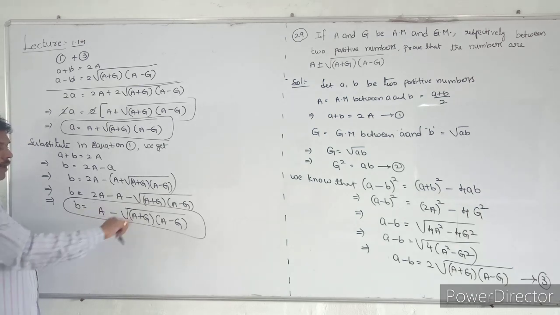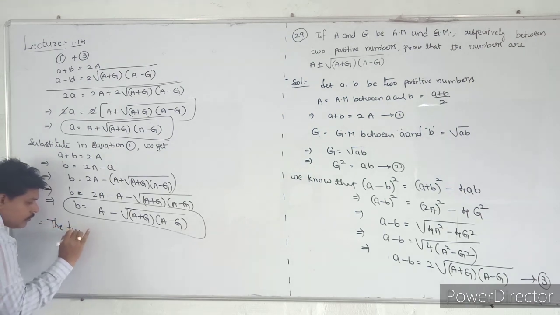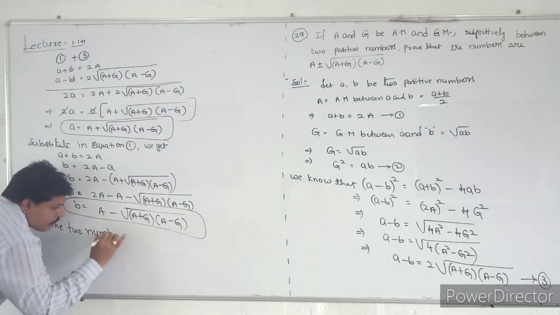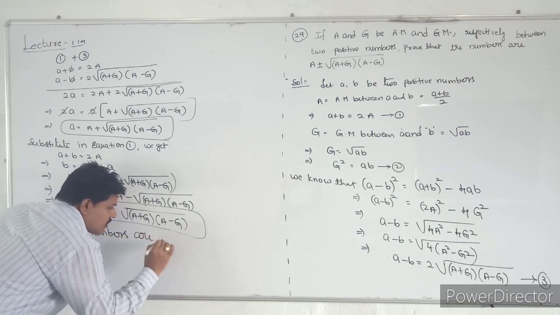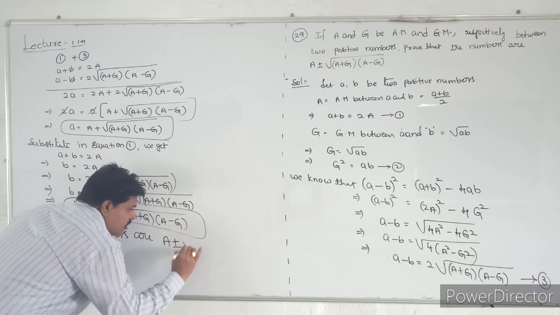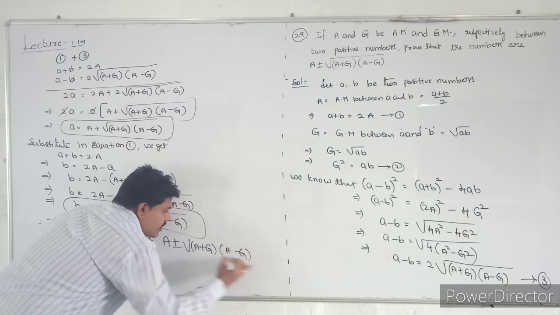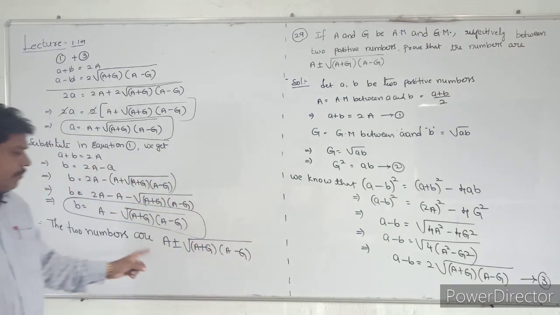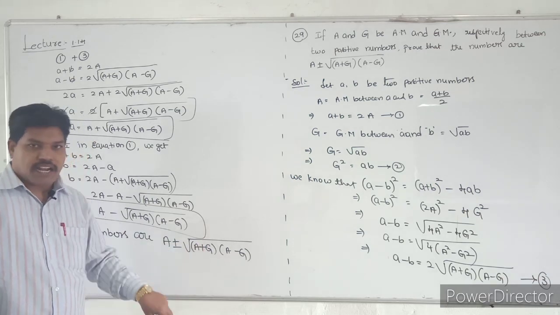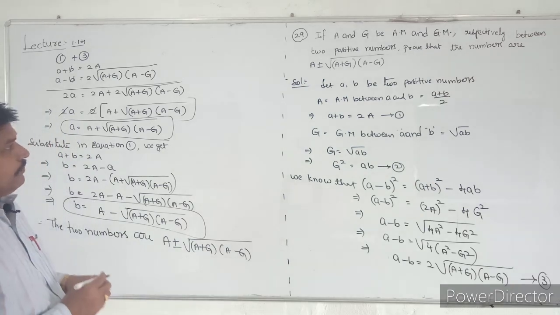Another number is A minus square root of (A plus G)(A minus G). Therefore the two numbers are A plus or minus square root of (A plus G)(A minus G).